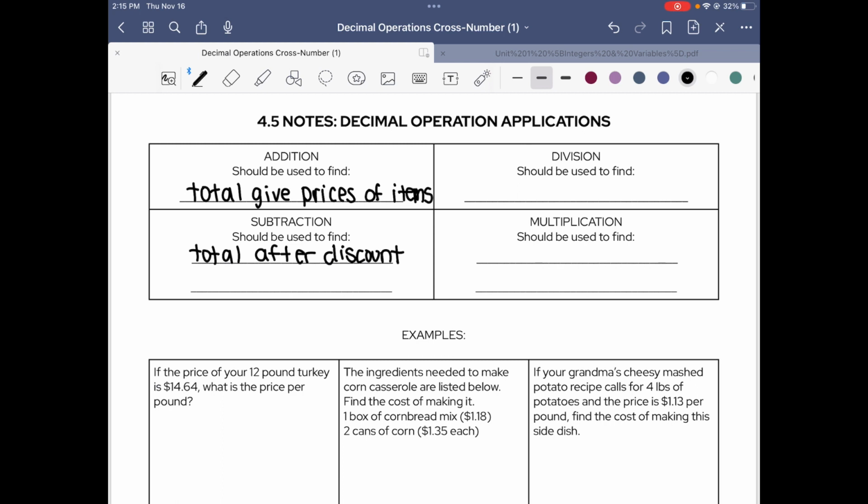Another example would be that you can also use subtraction to find your amount of change, which would be the amount paid minus your total. For example, if you get $15 worth of groceries and you pay with a $20 bill, you would get 20 minus 15 or $5 back. $5 would be your change.